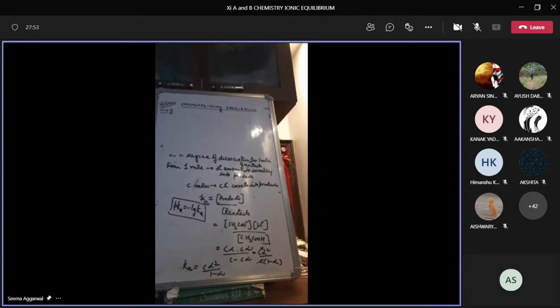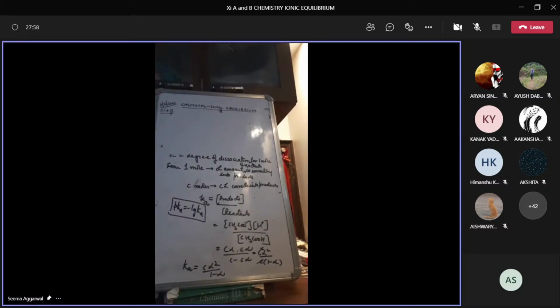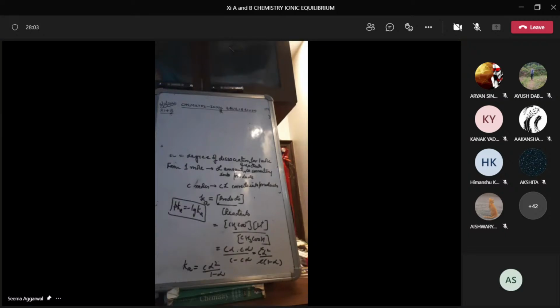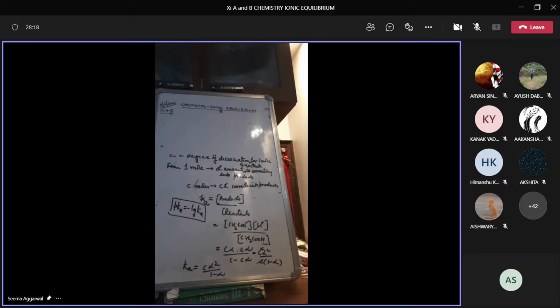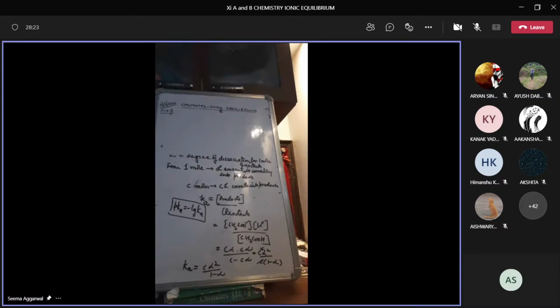Okay, let me take from the NCERT example. I am taking two of the examples of NCERT. First is example number 7.18.